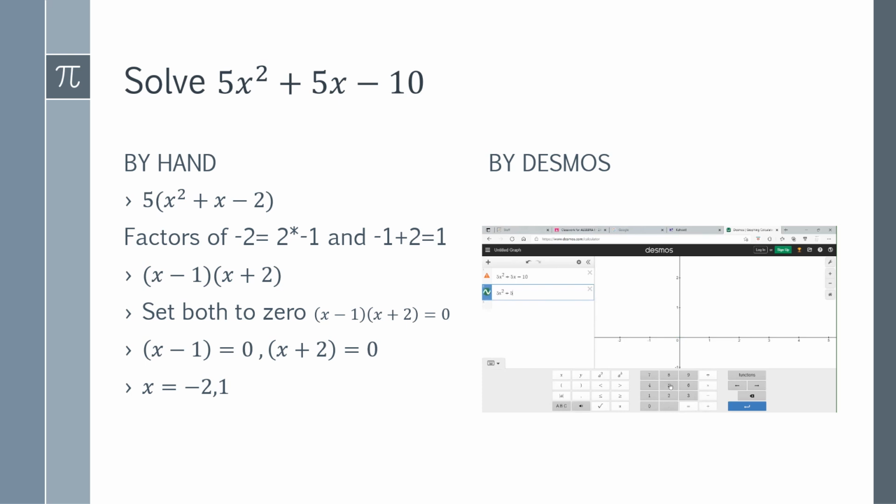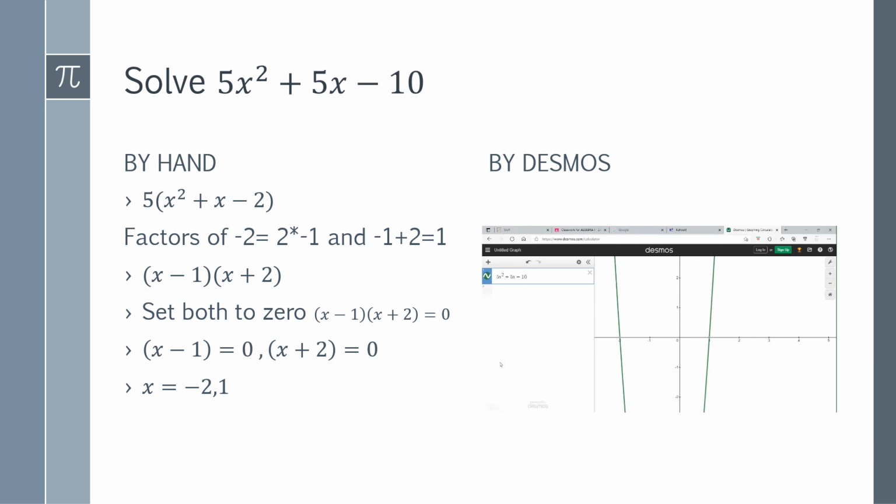Okay, I'm trying to fix it. I'm typing it in. It's the same function. So guess what, y'all? Y'all see the same answer? Yes, I do. Negative 2 and positive 1. Shablam. Just like that.